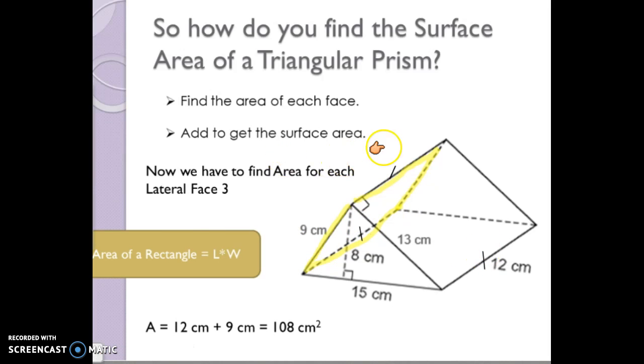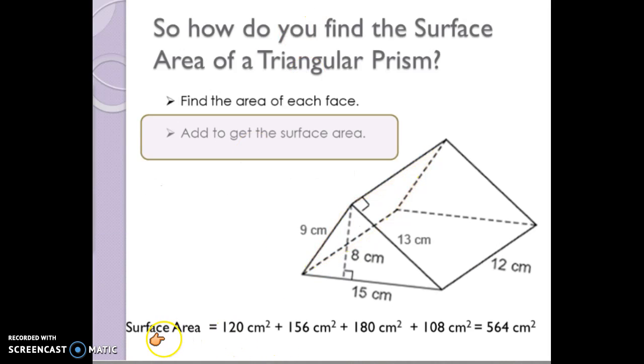So this would be 12 by 9 centimeters. And that is 108 centimeters squared. And then we add them all together. So 120, that was for the two triangle bases, plus 156, the one over here on the right, 180 centimeters squared, the one on the bottom, and 108 centimeters squared, the one on the left, and we get a total of 564 centimeters squared.